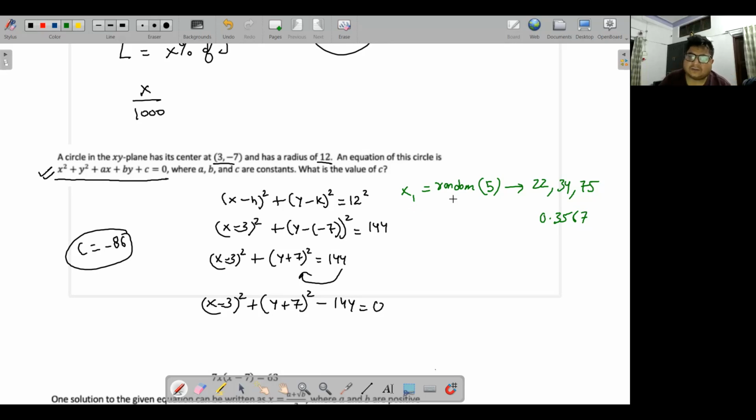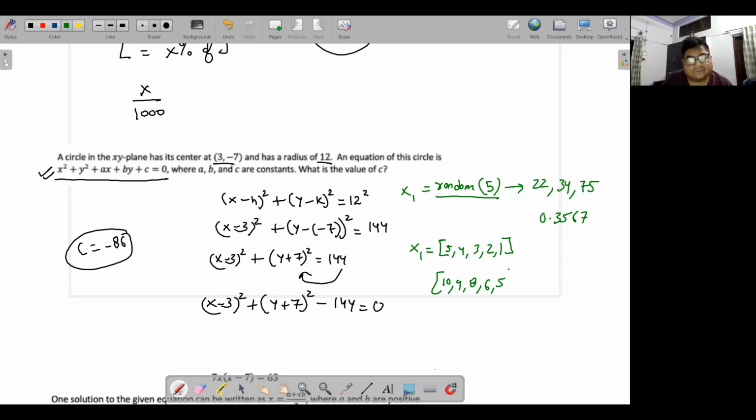But if you think that we can't use this random function, I will give the values to Desmos. What you can do, you can use this empty list. In that empty list, you can write any n number of numbers, like 5, 4, 3, 2, 1, or you can write 10, 9, 8, 6, 5.